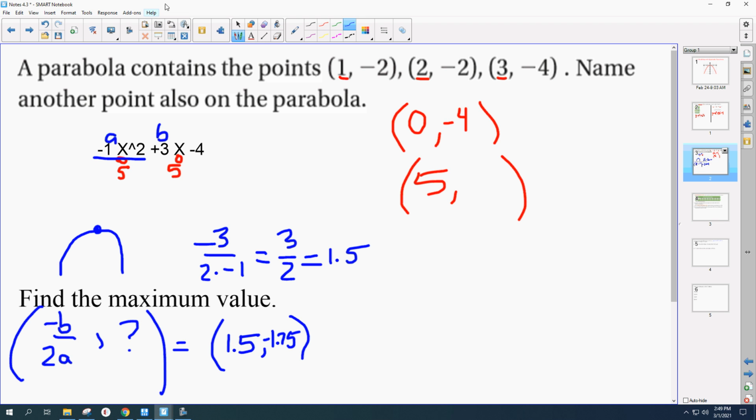So it's hard to see that that's the maximum value, but that's what that would be. If that point is right there, then this would be your maximum number. Notice you've got -2 and -4. This number's bigger. So your maximum number is negative 1.75. When they're talking about the maximum value or the minimum value, they're probably talking about the vertex.